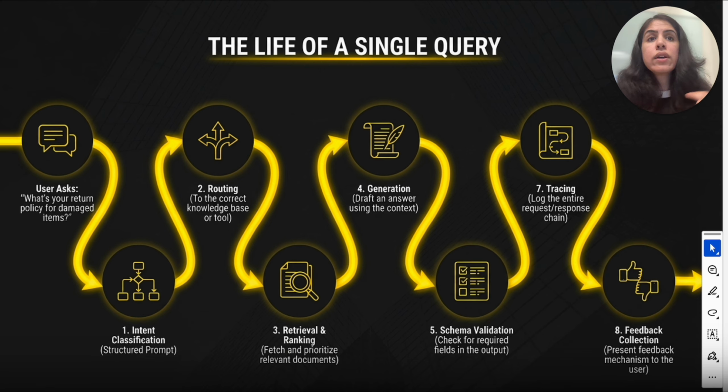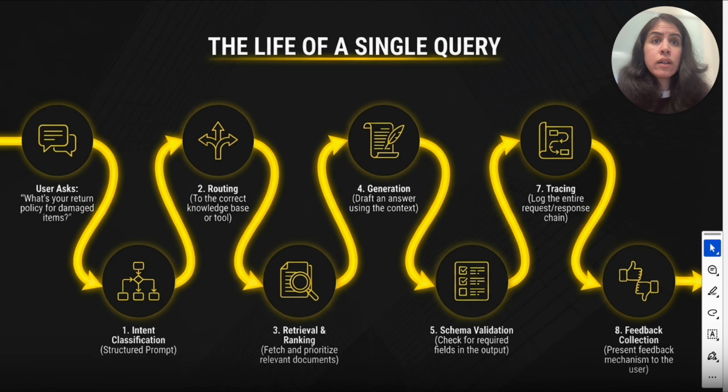Number two is routing, which decides which model or workflow to use. Number three is retrieval, which pulls relevant context and ranks the best pieces. Number four is the generation that actually is producing the final output.